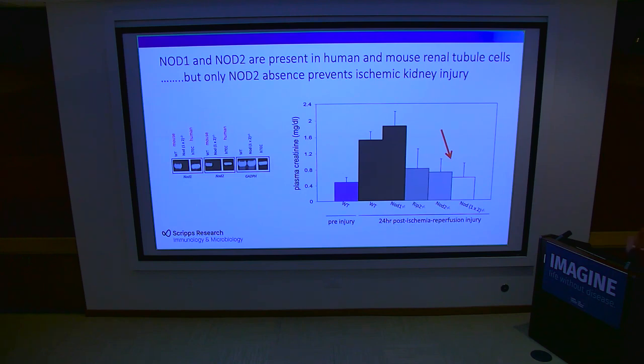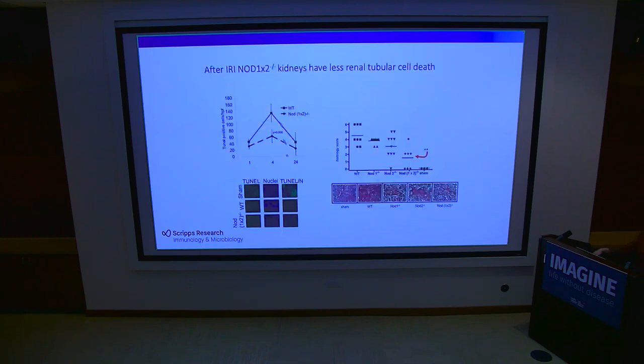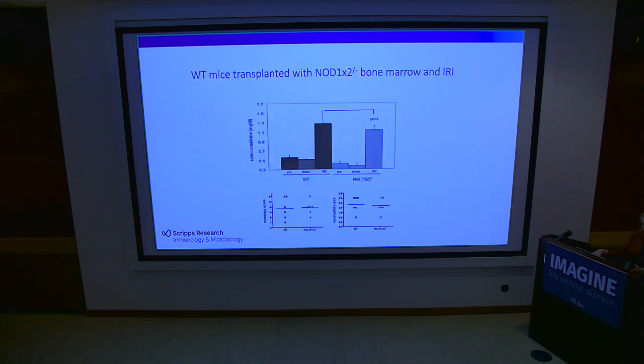So in most of our experiments, we use NOD1 by NOD2 double knockout mice because there's a potential crosstalk. In these, there's less renal tubular epithelial cell death, for sure, and also wild-type mice transplanted with the NOD1 by NOD2 bone marrow are not protected from ischemia-reperfusion injury. Again, bringing us back to the renal tubular epithelial cell as a very important cell to target with some of these sensors.